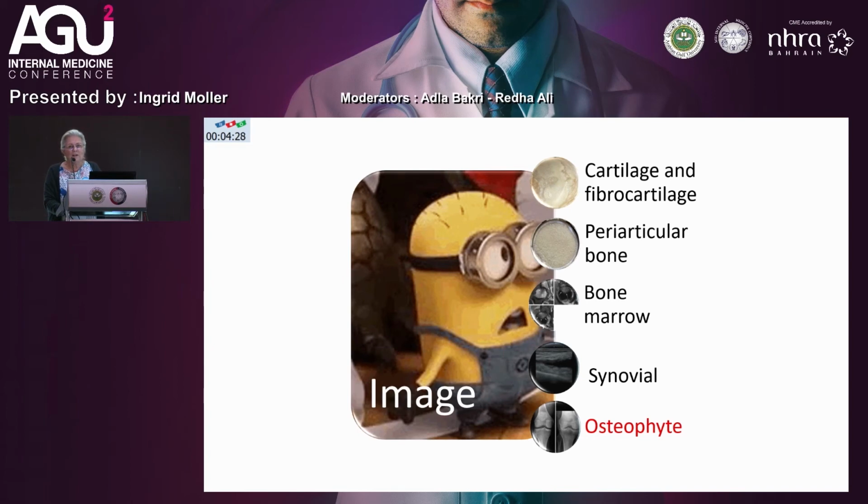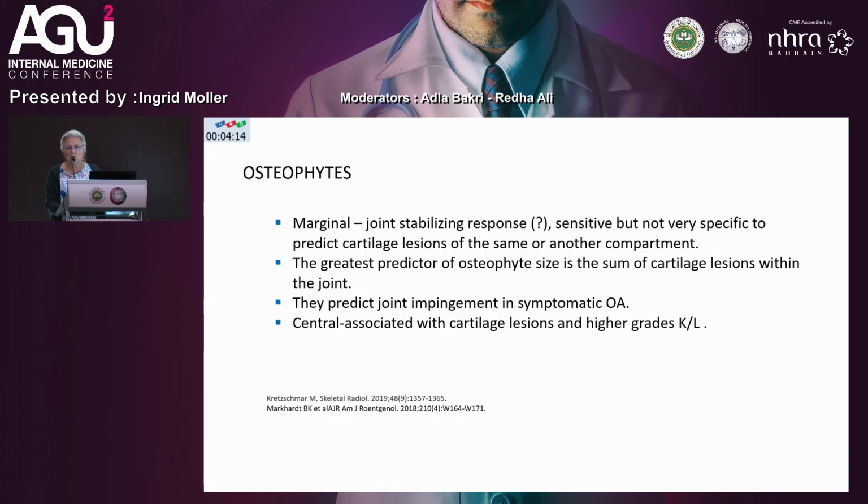And osteophytes, this is what the patient knows. The patient comes to you telling you that, oh, I have osteophytes, or I have these pegs in my spine, so that is terrible. And we think that we know everything about osteophytes, and they are quite mysterious. In fact, their composition is not so clear.